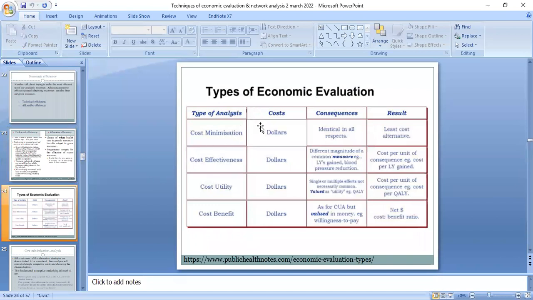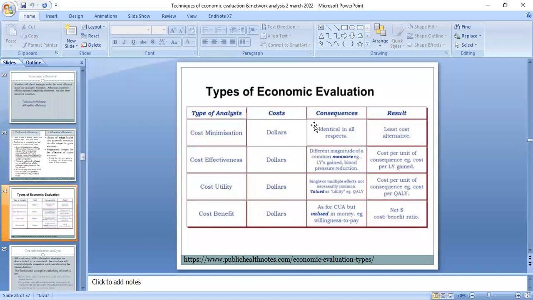In all the forms of economic evaluation, the costs or the inputs are in monetary values that can be dollar or rupee or any other currency, while the consequences or the outputs of cost minimization are identical in all respects.